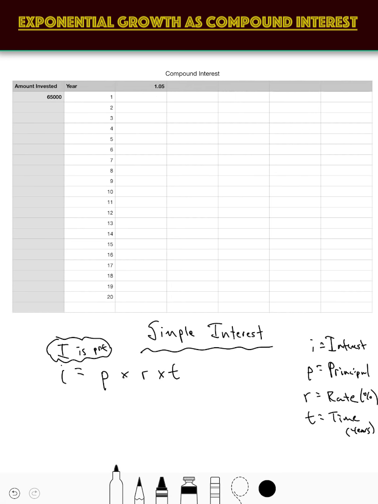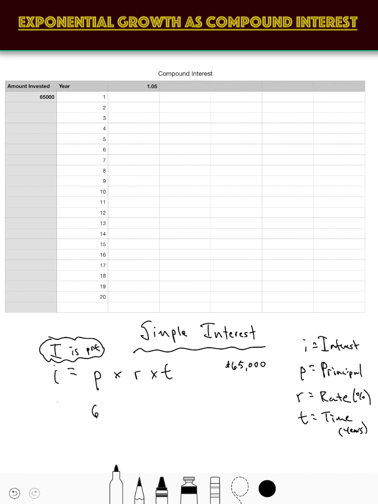So, to use an example, we're going to pretend that we have $65,000 as our principal. So $65,000 is the amount we're investing. We know that we're going to make 5%. 5% as a decimal is 0.05. And we're going to invest this for 20 years by using simple interest, and then we're going to break it down by 1 year.